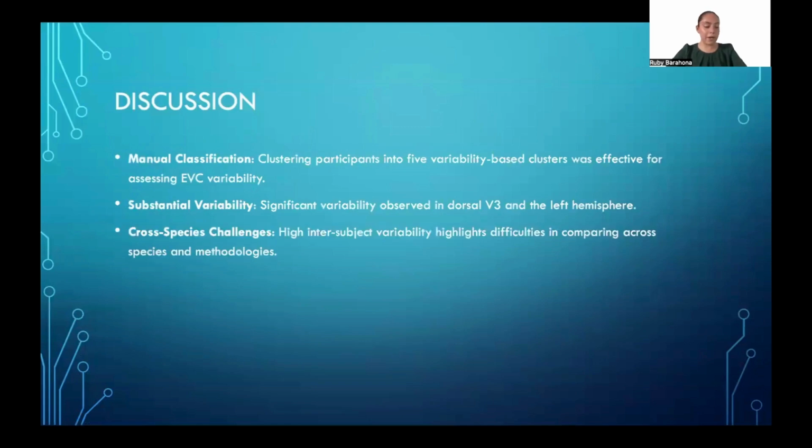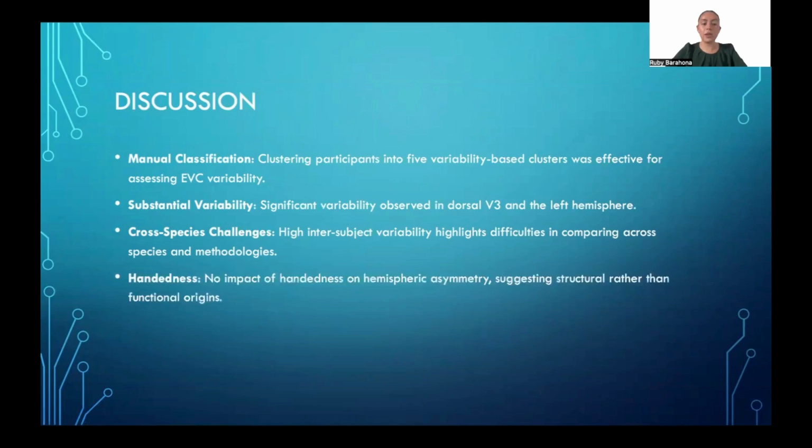Furthermore, significant variability between subjects examined, despite consistent methodology, explains why comparisons across species and methodologies has proven difficult in the past. An unexpected but important result of this study was the absence of an effect of handedness on hemispheric asymmetry. It appears interhemispheric variability stems from structure-related variation rather than functional dominance.